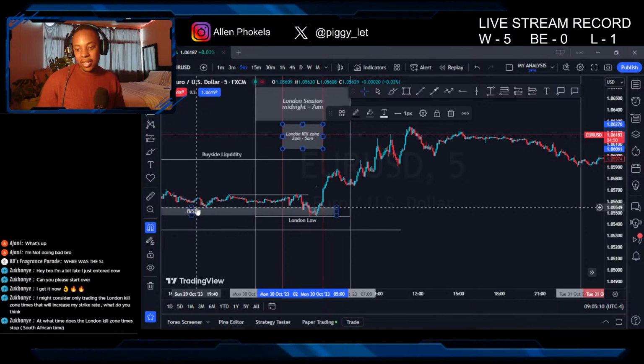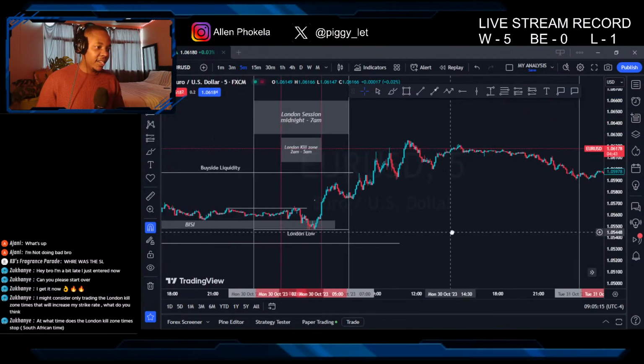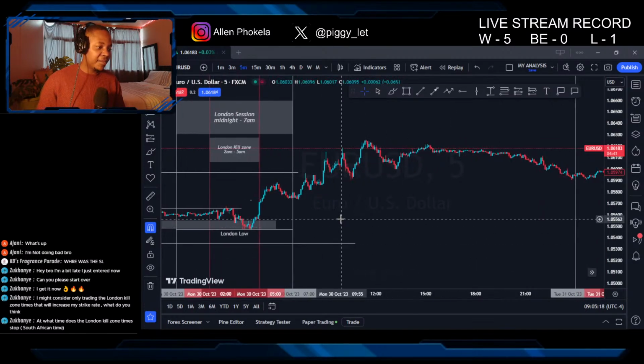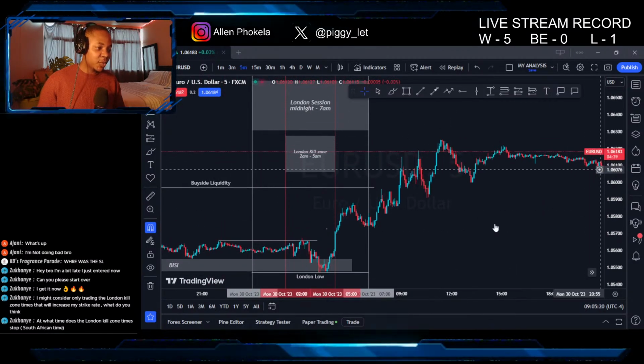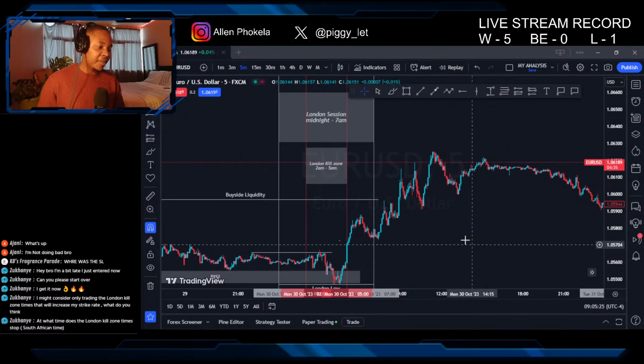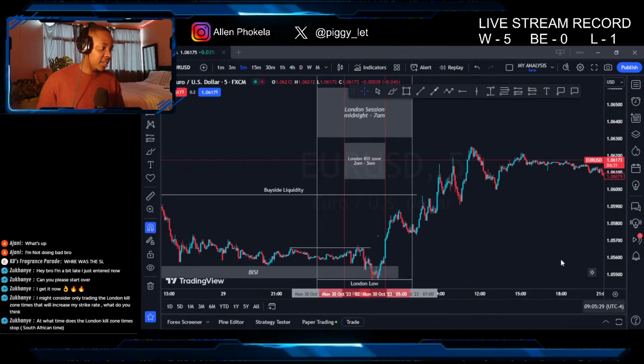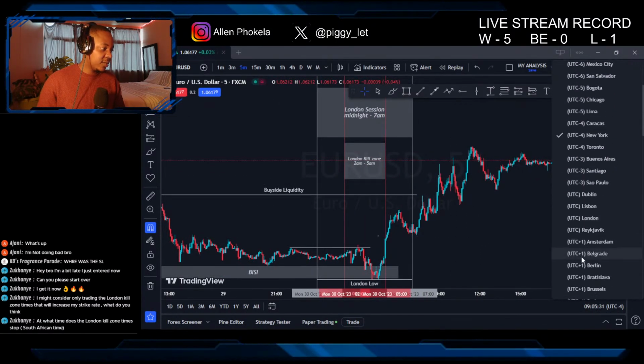At what time does the London kill zone stop, South African time? See, I'm going to have to do some conversion. That's why I just stick to the New York, because I know it'll stop at 5 a.m. But let's convert it back to South African time.